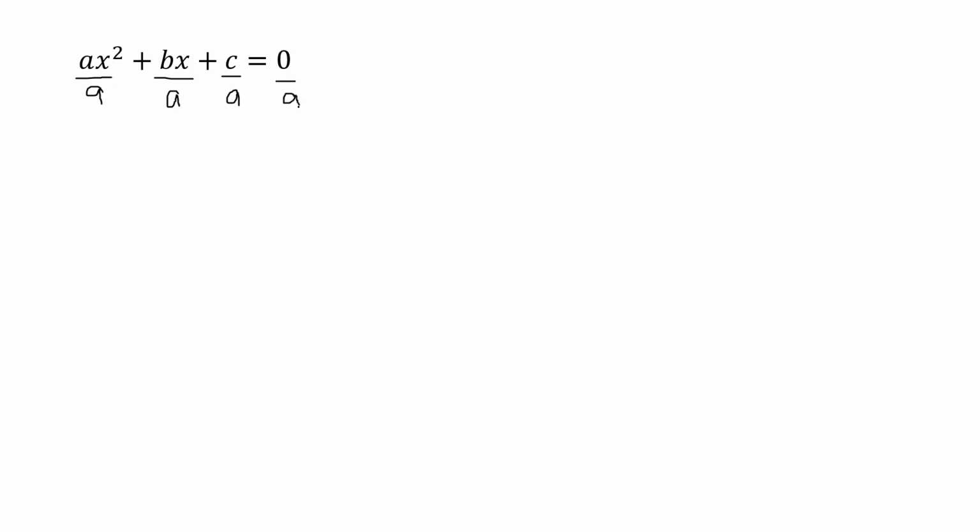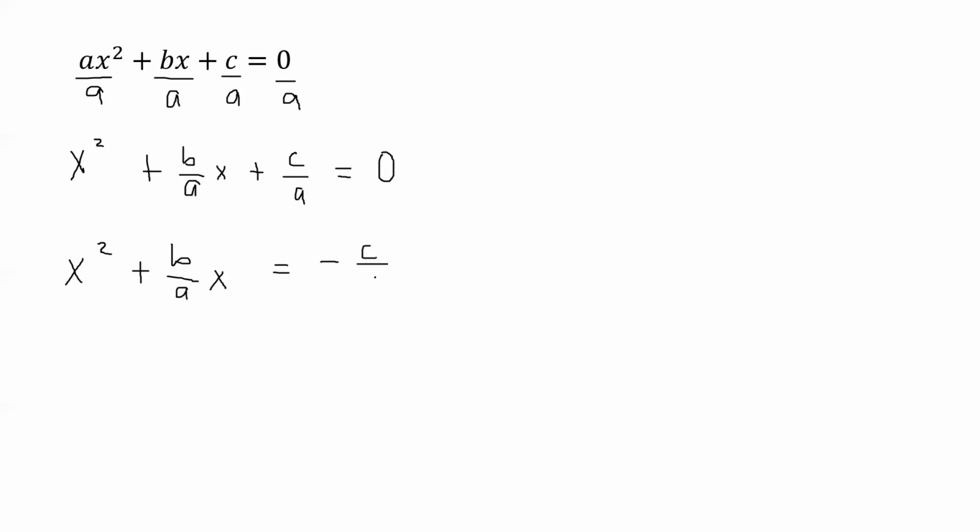So the left side will become x squared plus b over a times x plus c over a equals 0 over a, which is just 0. Then we can add negative c over a to both sides, so we get x squared plus b over a times x equals negative c over a.